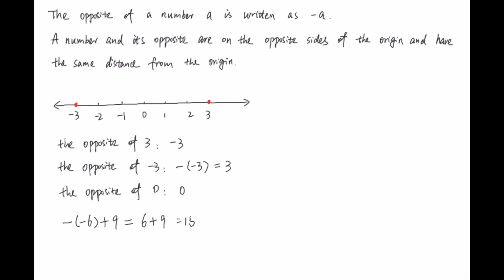Here's 15. Another example. We can simplify this numerical expression. First, here is the opposite of -3, which is actually +3.